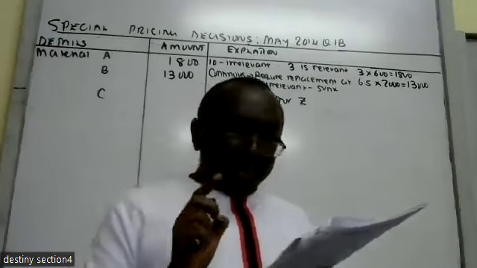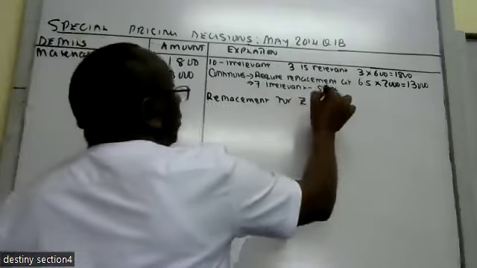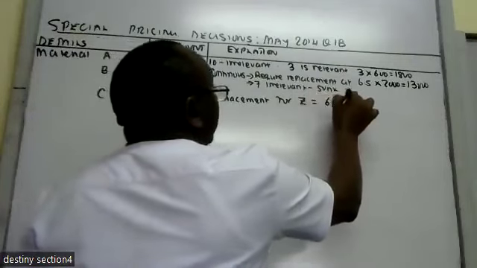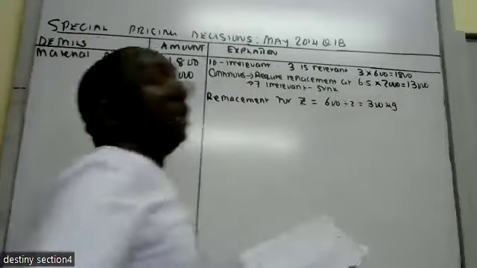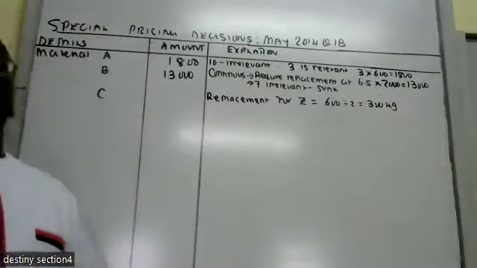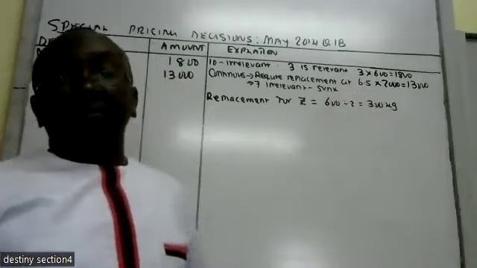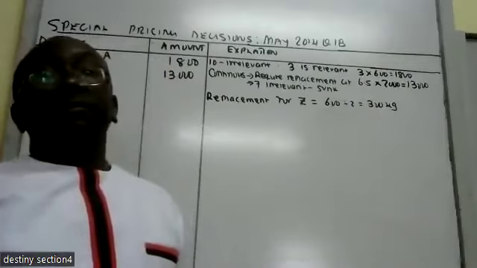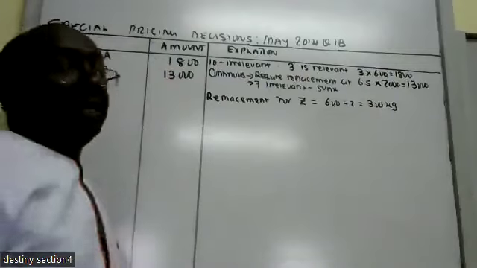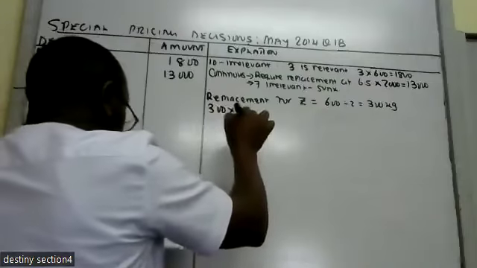So how many Z's do we now have? That will be 600 you divide by what? Hii material C itatuokolea 300 kilos of Z. So itabidi tununue those 300 kilos of Z. So 300 each is going for what?